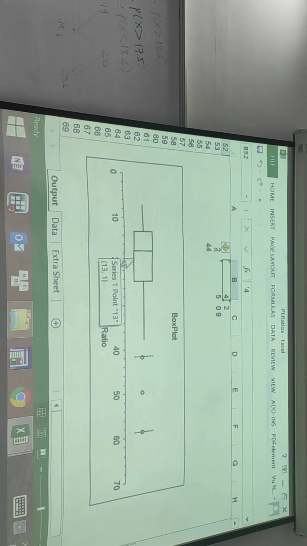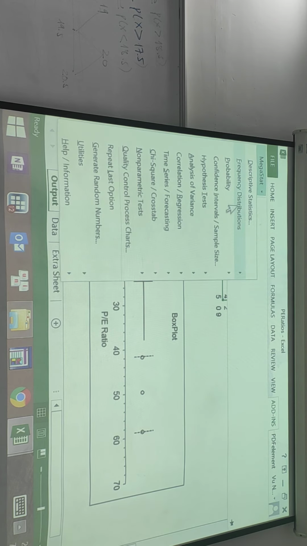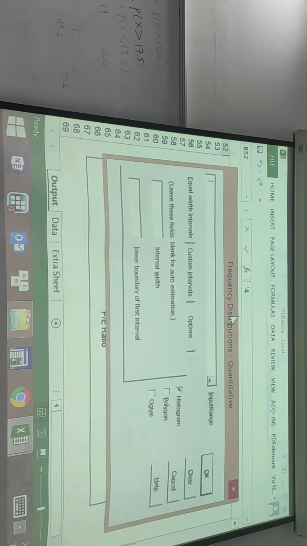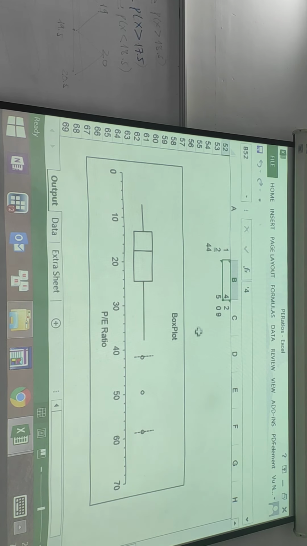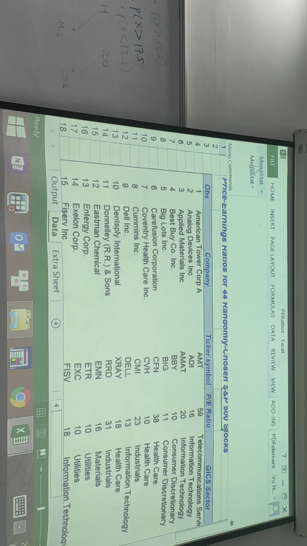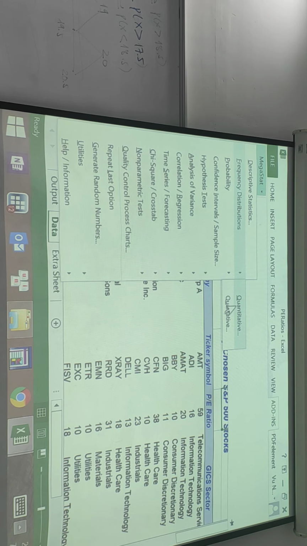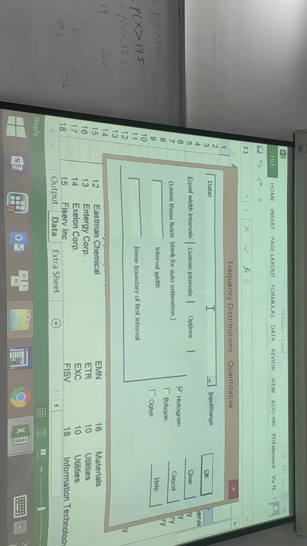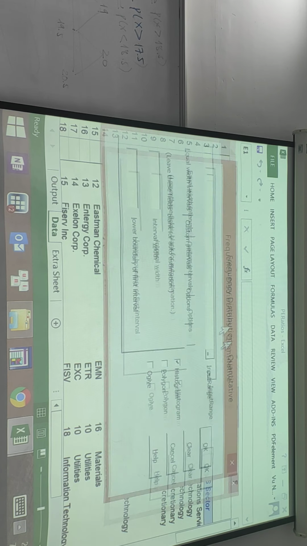Okay, done. Now I will show you the other thing, which is the frequency distribution. I select quantitative frequency distribution. Back to data first. I select frequency distribution. Now I select the data that I have.